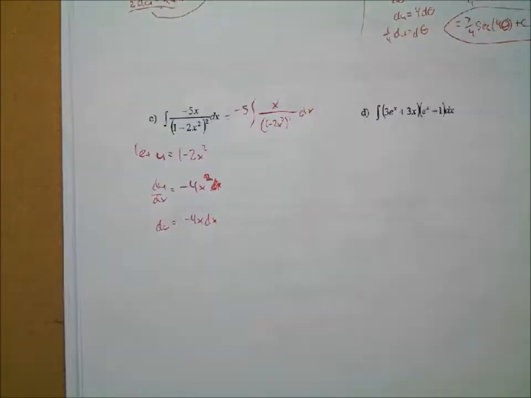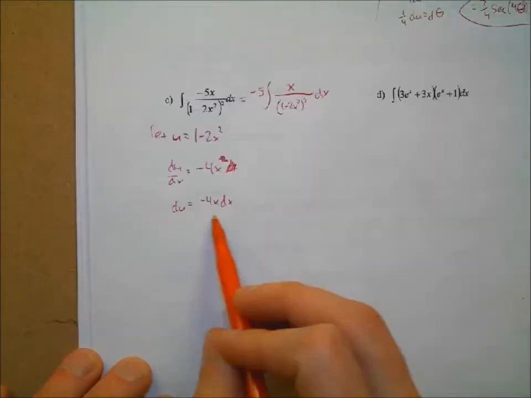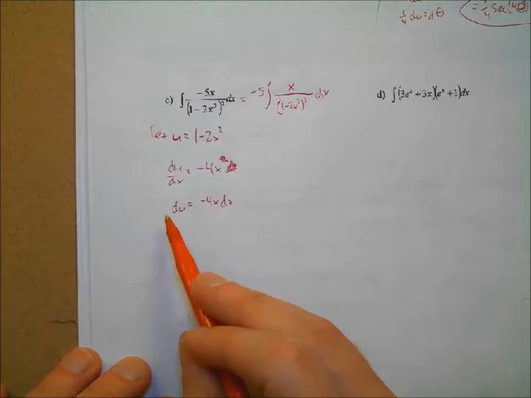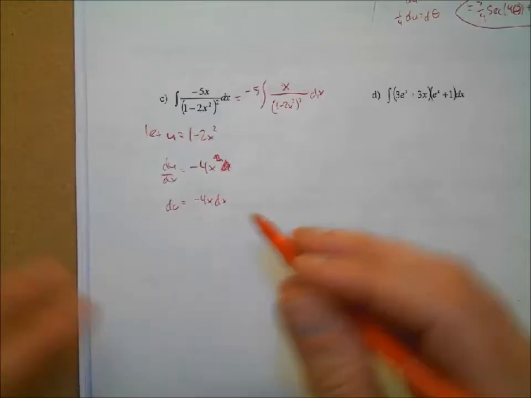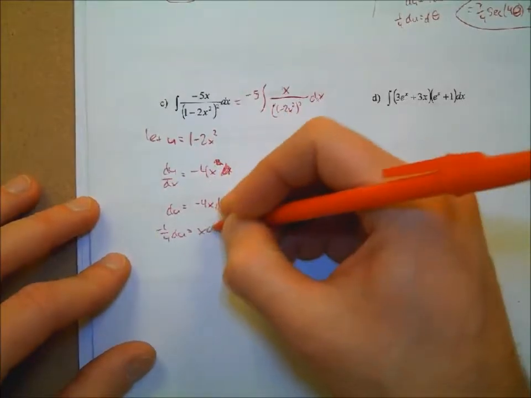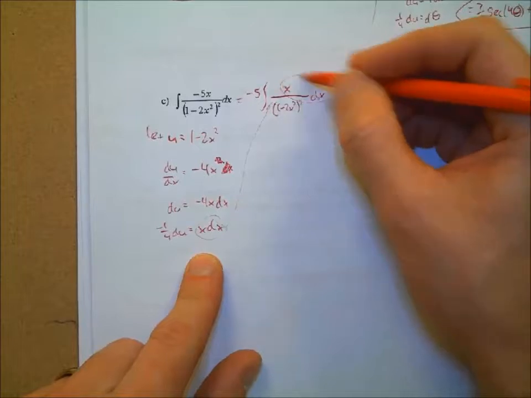Okay? So there's our x dx. We don't quite have x dx here. What do we need to do to both sides? Divide both sides by negative 4, and multiply both sides by negative 1/4. So we get negative 1/4 du equals x dx. And now we have exactly what we need up here, there's the x dx right there.